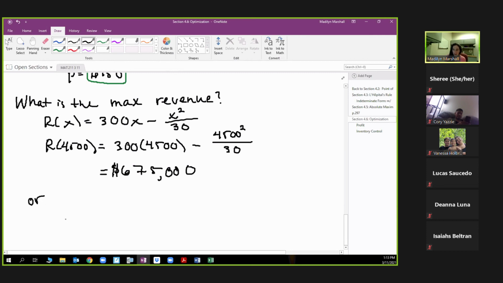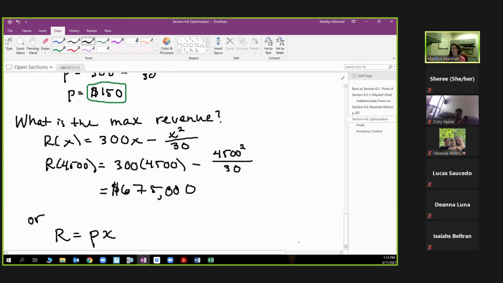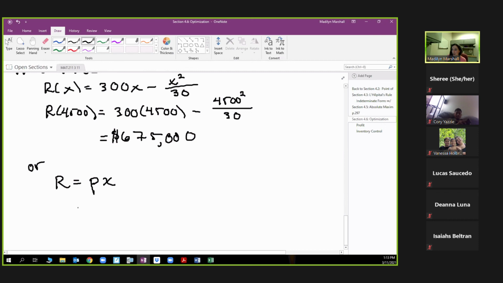Or the other way we can always think of revenue as P times x, the price times x. So if we already found that price of 150, and we know that we're going to be selling 4,500 paper shredders, we could also use those two numbers. Hopefully we get the same thing.